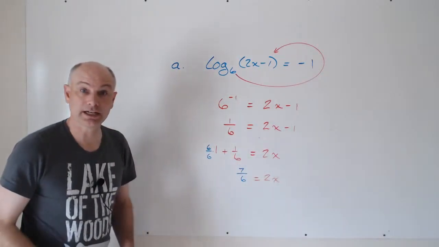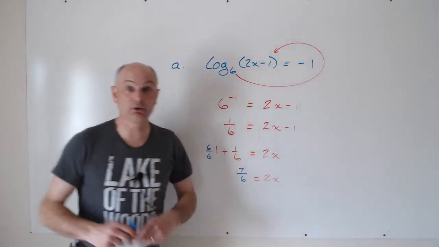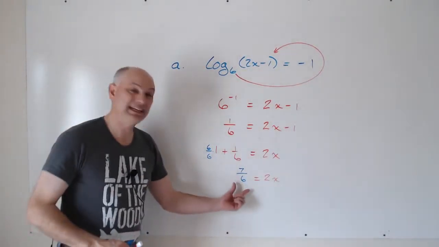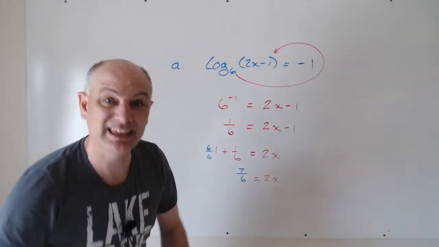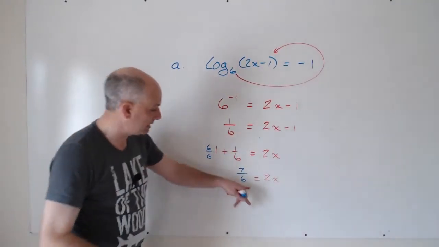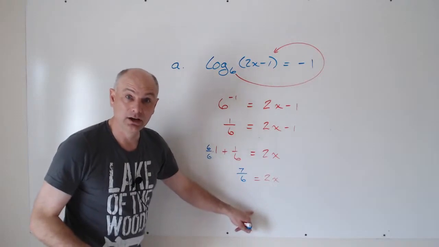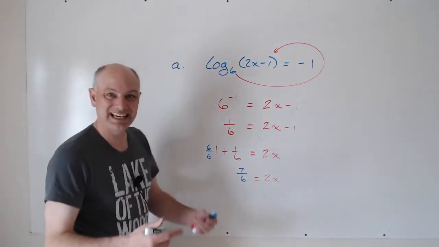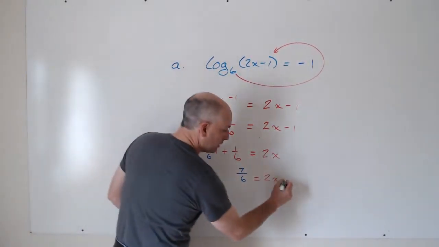7 over 6. Now, many of you I know would look at this and say, okay, now I got to divide by 2. But keep in mind, you're already dealing with a fraction. So a more efficient method that saves a little bit of a mess of generating a fraction over a fraction or embedding one fraction into another is, instead of dividing by 2, think about it in its alternative format.